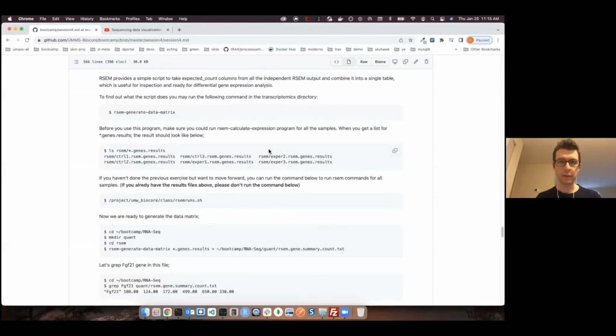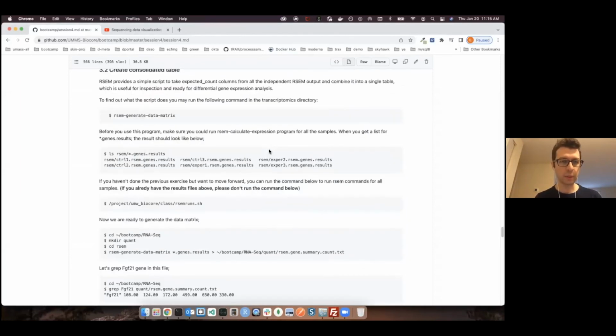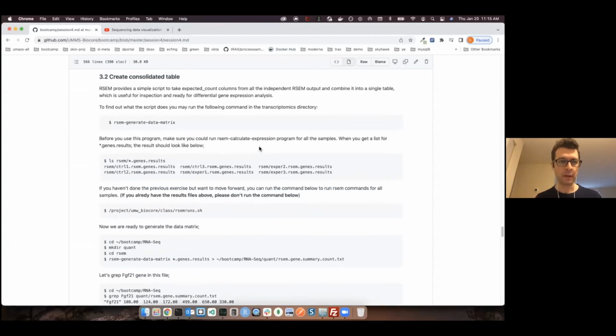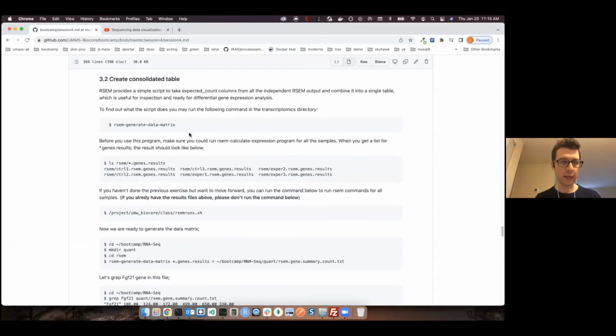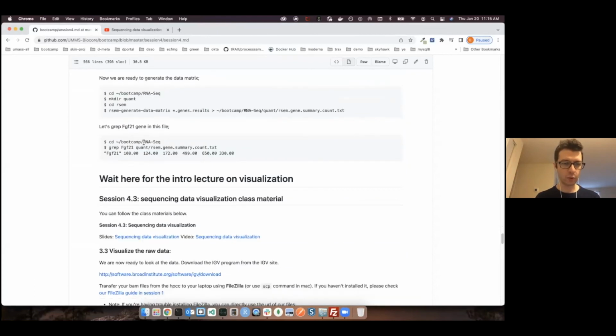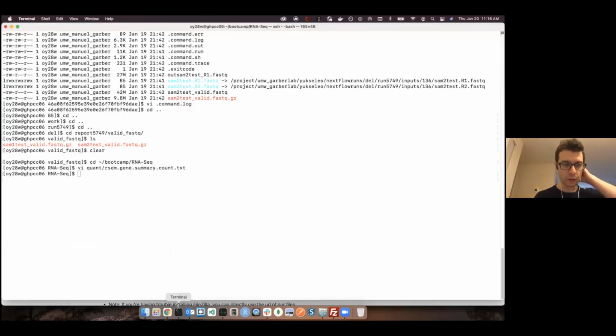All right. Do you have any questions about this part? Basically, what we have done is we created a matrix filled with the count values. So the final file was located in this directory, bootcamp, RNA-seq, quant, and the RSEM gene summary count file is going to be created.